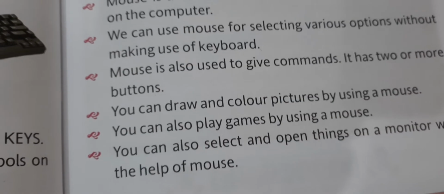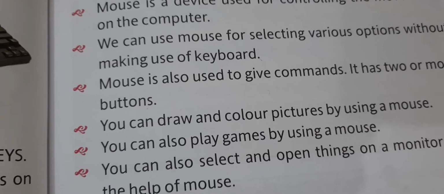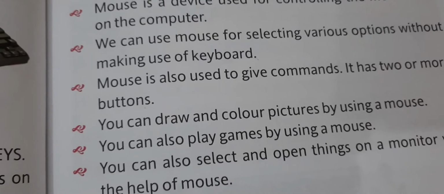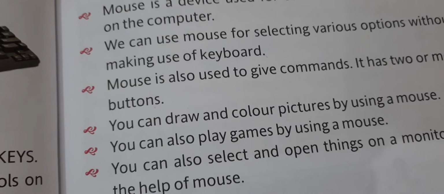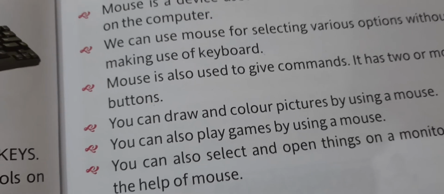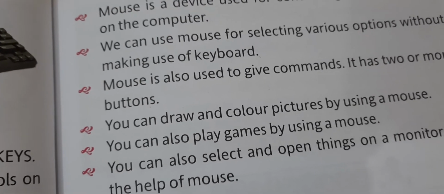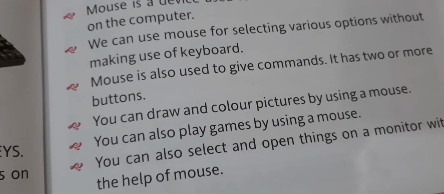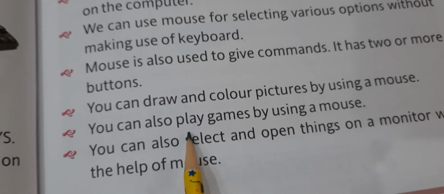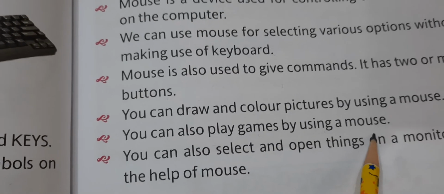You must have used, if you have a computer system at home, you must have used mouse while drawing pictures, because we cannot draw pictures by any other means. Okay, so mouse is very much required when we are drawing pictures on computer. You can also play games by using a mouse.